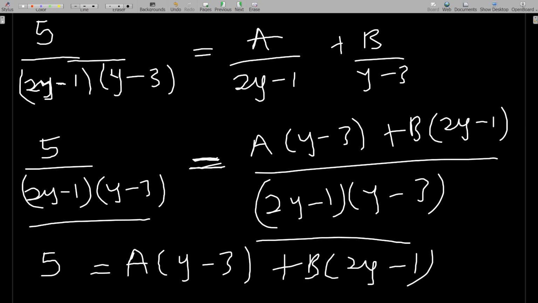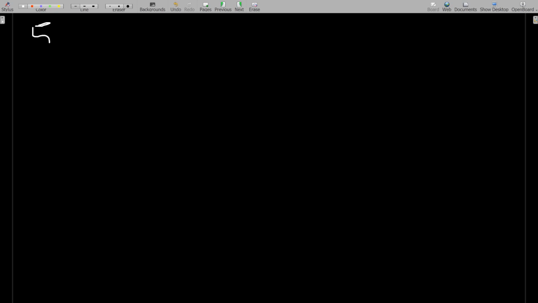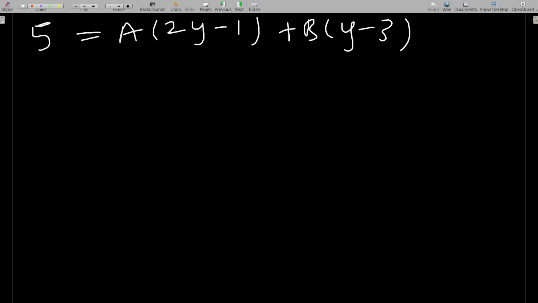Now to find b and a, it depends on how you can do it. Some people will just look through this and know their solution. I'm sorry, I've interchanged them: I have a into (y minus 3), and this is (2y minus 1).